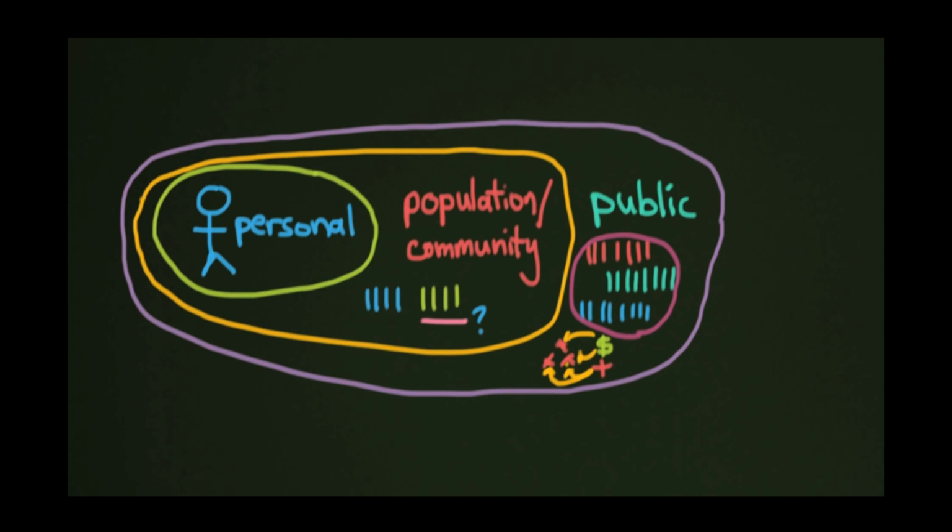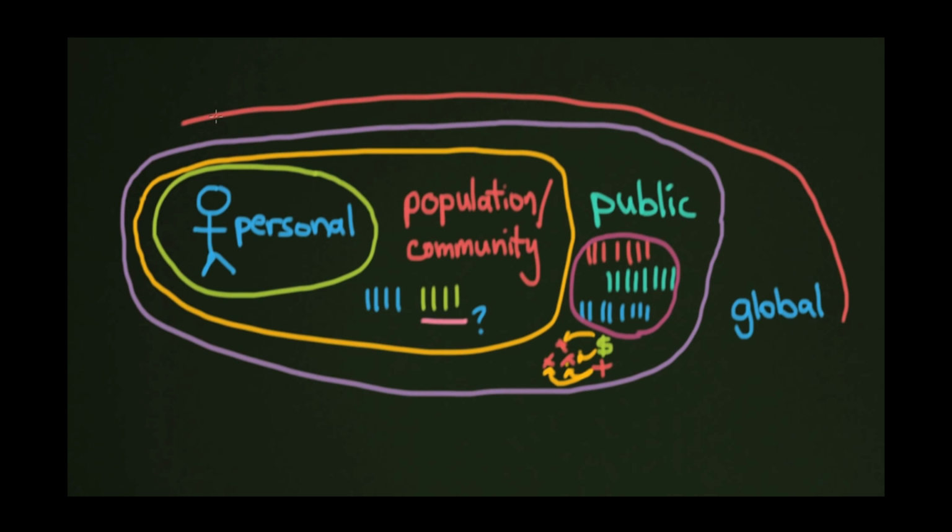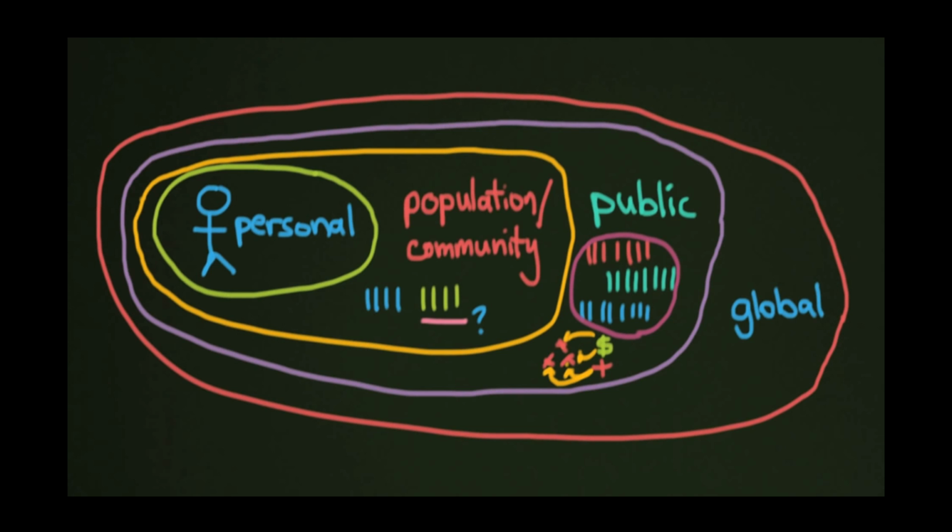And then global health, which we're talking about in this course. It's really important to understand what global health means. For the purposes of what we're talking about in this class, it's basically encapsulating all of this. It's looking at each one of these levels in different places around the world and trying to understand the problems and the solutions that work best.